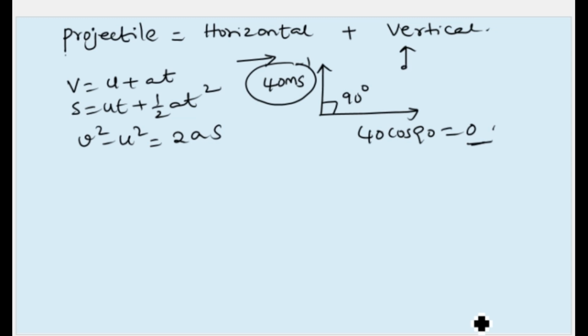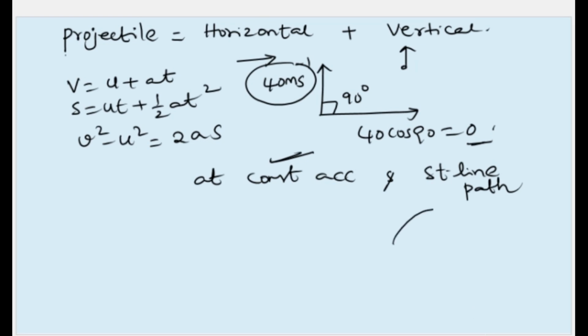Actually equations of motion are valid only for constant acceleration and motion in a straight line path. Here acceleration is constant, but the projectile is moving along a parabolic path, so doing problems directly is very tough.